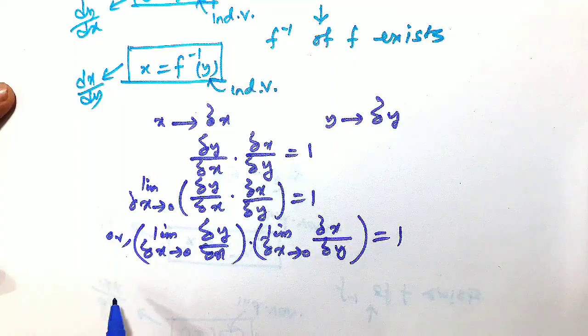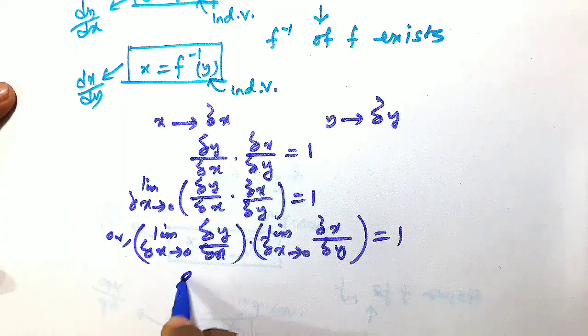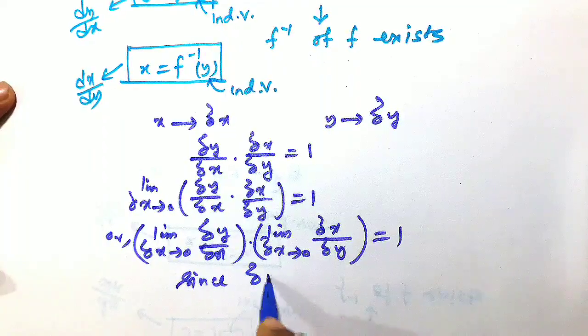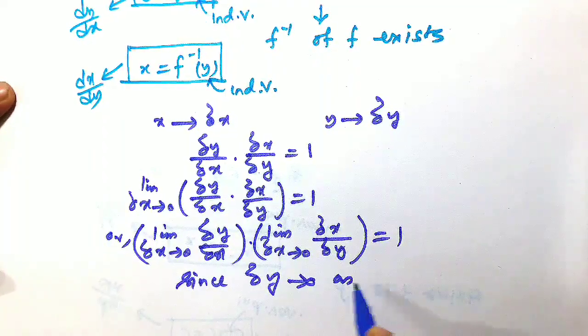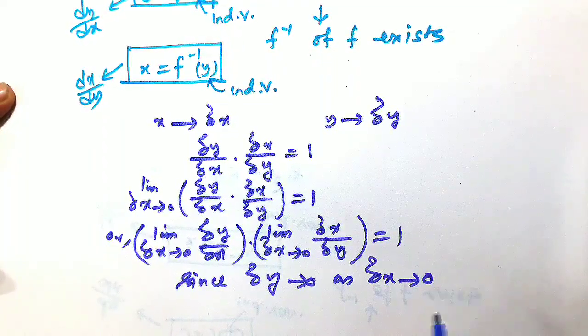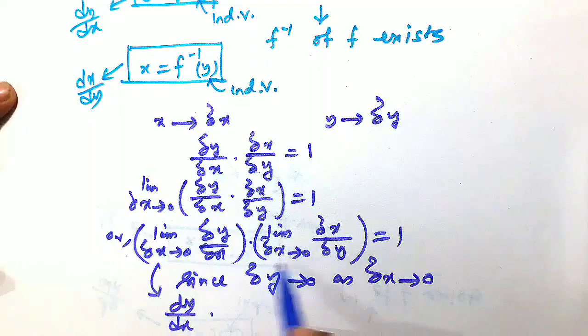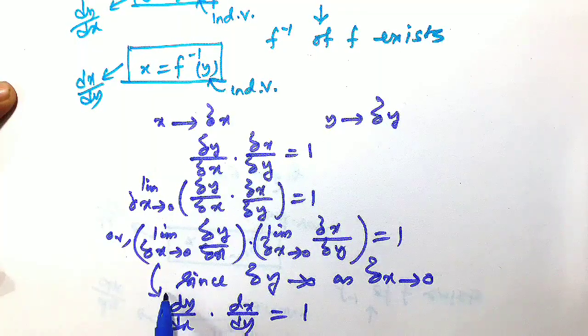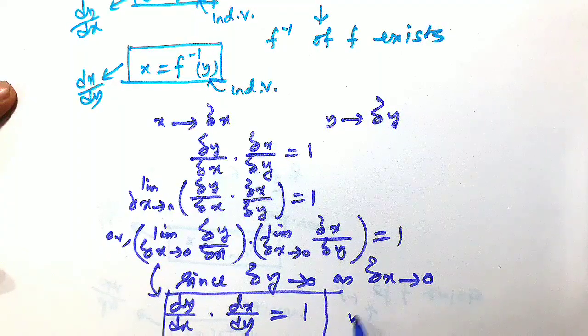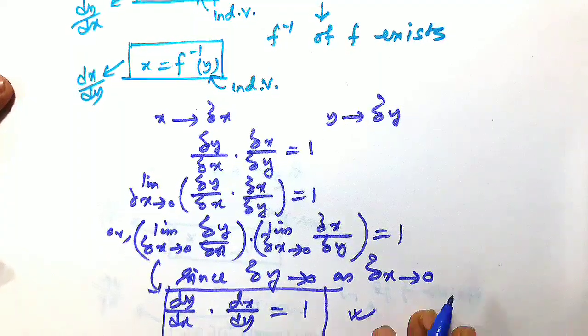Okay, so friends, now since delta y is tending to 0 as delta x is tending to 0, we can write from this one as dy/dx into limit delta x tends to 0 of delta x/delta y as dx/dy. So we are getting a relation. The relation is dy/dx into dx/dy is equal to 1, which is the required relation.